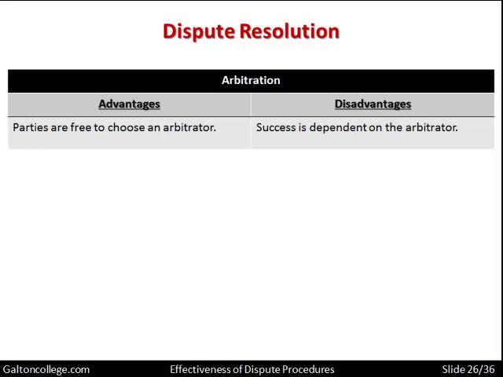But the problem with this is that it leads to both sides making extreme claims to start, so that by getting a middle solution, they're getting more than they would have got had they been honest at the start.